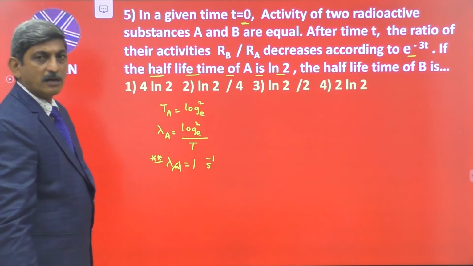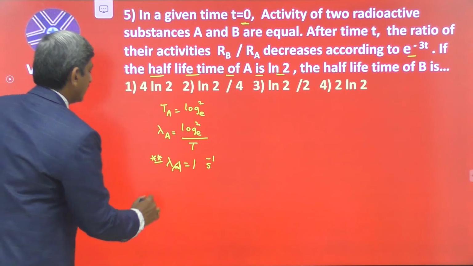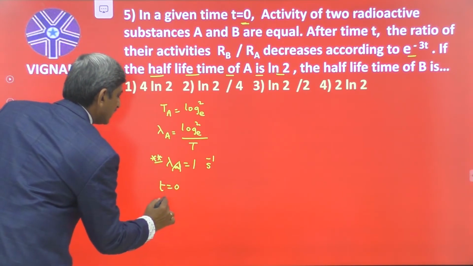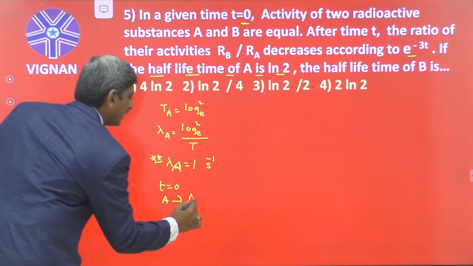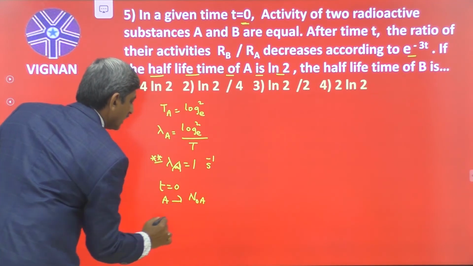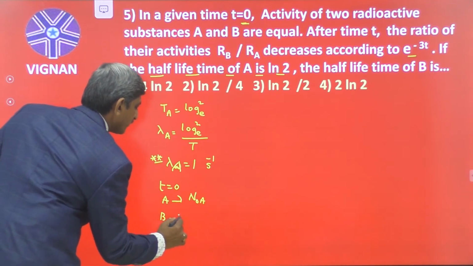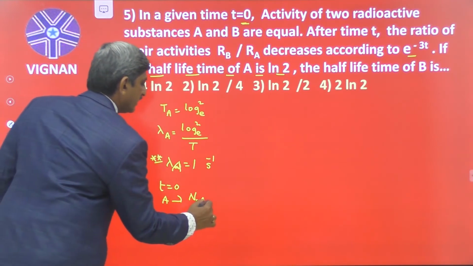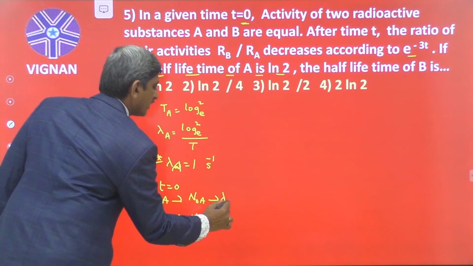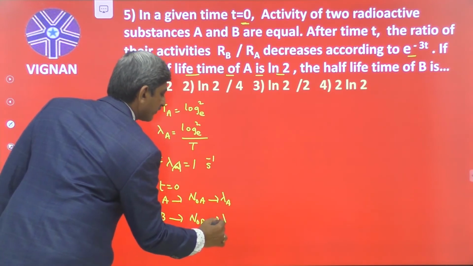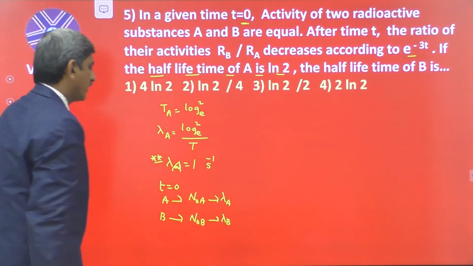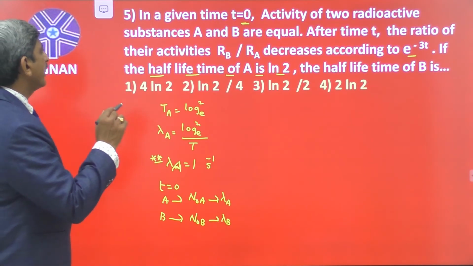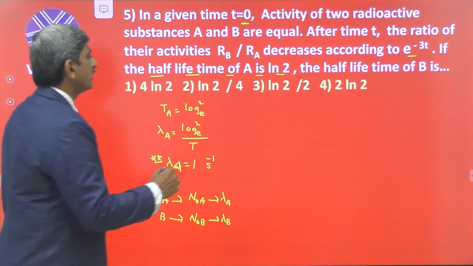After that, at the given time t is equal to 0, the activities of the two radioactive substances A and B are equal. At t is equal to 0, let us assume that sample A contains N0 A number of nuclei and sample B contains N0 B number of nuclei, and the decay constants are lambda A and lambda B. Now it is given that the activities of the two radioactive substances A and B are equal.